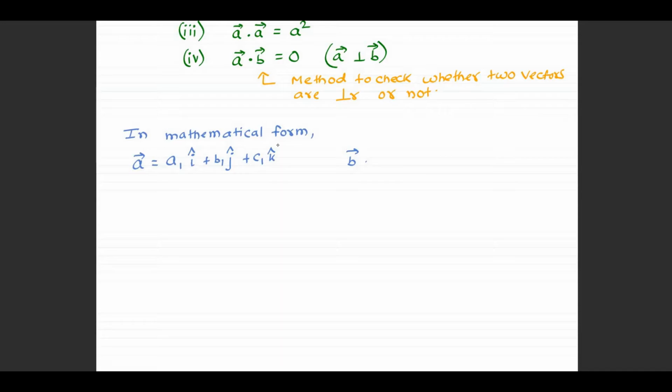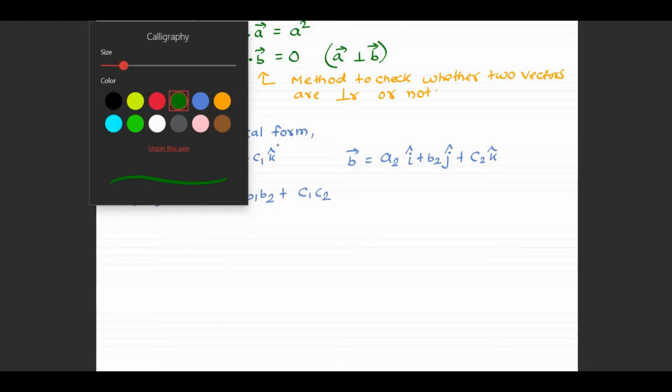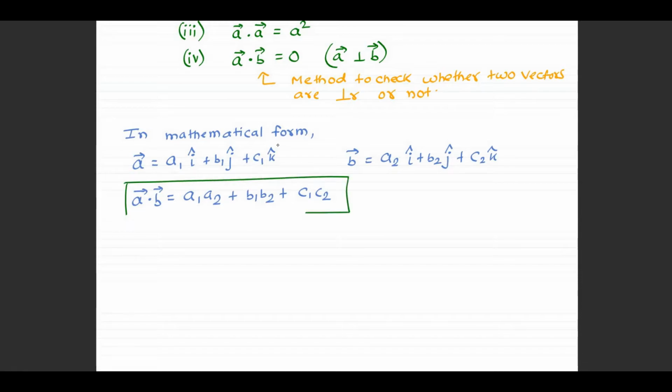There is another vector B vector mathematically represented like this. When you do A dot B, it simply means i cap will get multiplied with i cap, j cap with j cap, and k cap with k cap. This is the result, right?